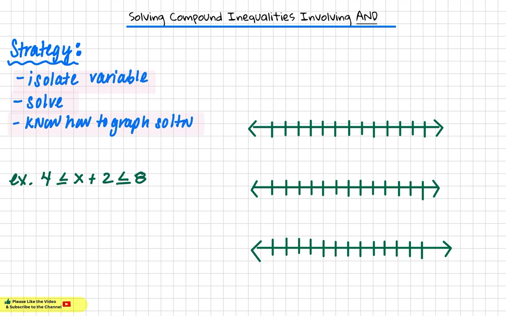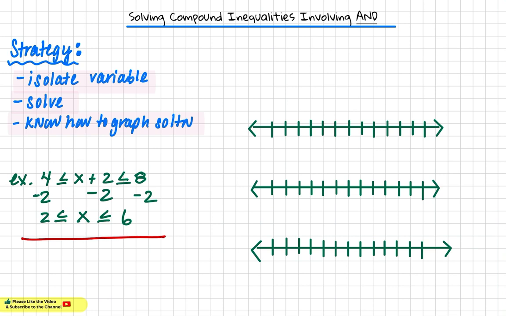Now I need to isolate the variable. So the variable here in the middle has a plus 2. I'm going to minus 2. So whatever I do here, I have to do to this side, and I have to do to the other side. That's going to give me 2 is less than or equal to x, which is less than or equal to 6. This is my answer. Now, I'm also going to do the other shorthand.